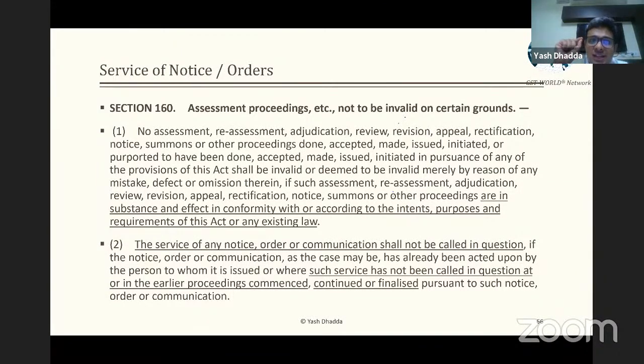Now you see there is section 160 subsection 2, and it says that wherever the service of a notice or an order or communication has not been challenged at the first brush, at the time of that adjudication or whenever you received it, then at a later forum you cannot challenge it by saying that the notice itself was wrong or it was not properly served to me, and all those things.